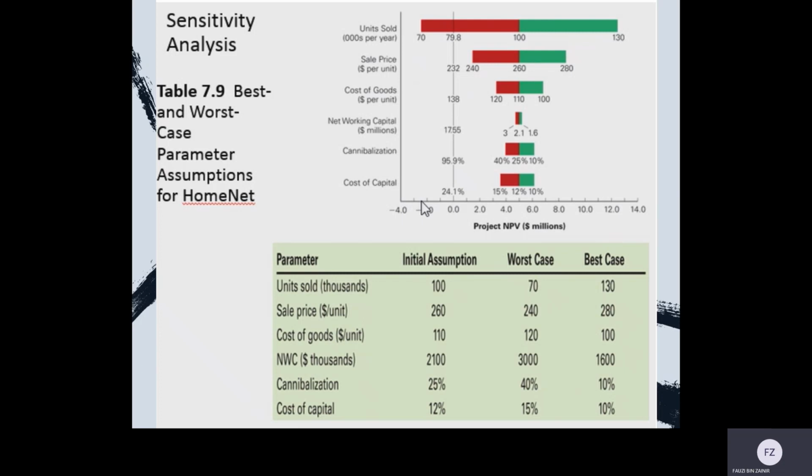What we are doing is running the break-even analysis as I've shown in the previous table, and for every instance, if we change the number to 70,000, the NPV goes to around minus 2 million. And then in the best case, it goes up to 130,000, and we have an NPV of around 13 million, somewhere around here.